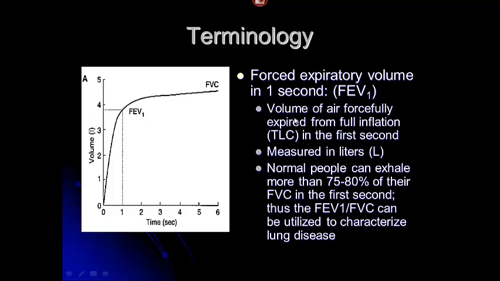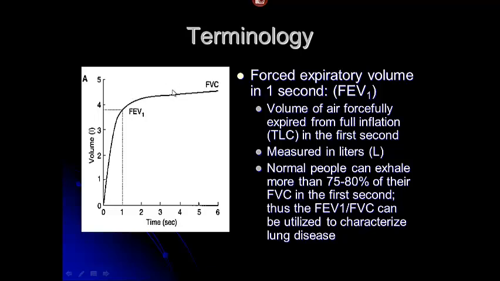So again, what is forced expiratory volume in the first second? Volume of air forcibly expired from full inflation, which is total lung capacity, in the first second. So it's when you tell the patient, take a deep breath, and now exhale as fast as you can. When they're exhaling, you measure the first second.